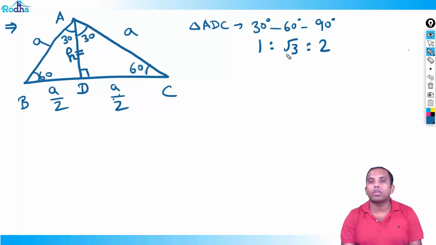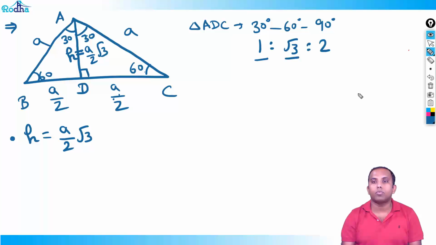So 60 opposite is what? A/2 into √3, that is A√3/2. Hmm, that means the height of the equilateral triangle is A/2√3. This is the first point in case of an equilateral triangle. Number it. So first point in case of an equilateral triangle, height is A/2√3.